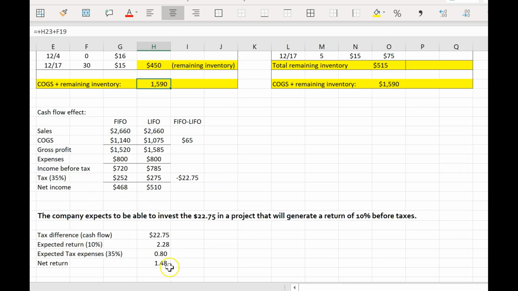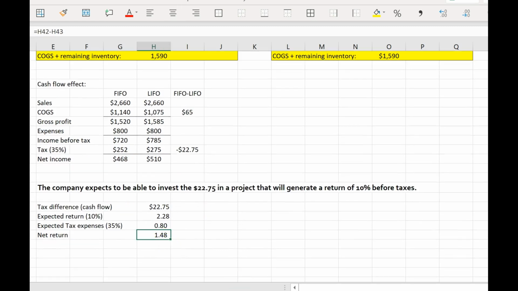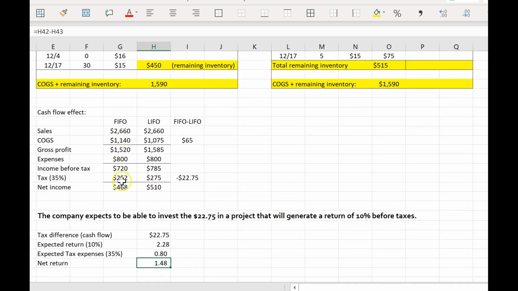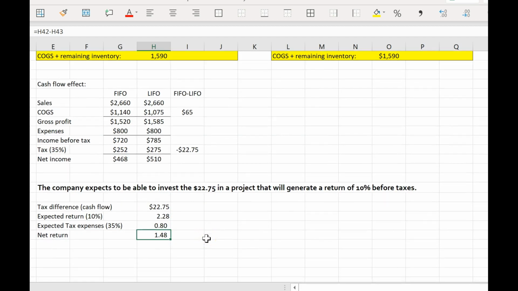However, because we already invested this cash difference in the first period, we got a $1.48 return. We then could reinvest this 1.48 return in the project next period. So the earlier that you save the money, the more you would earn if you have some other alternative investment opportunities.